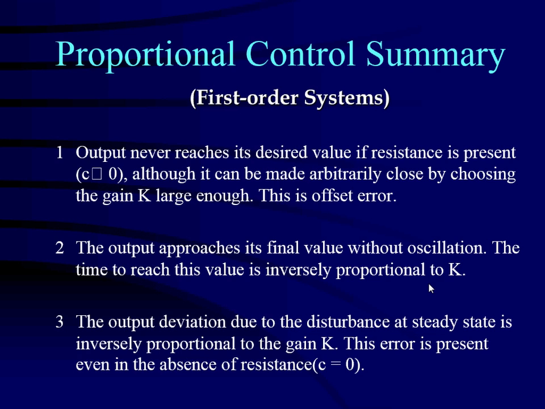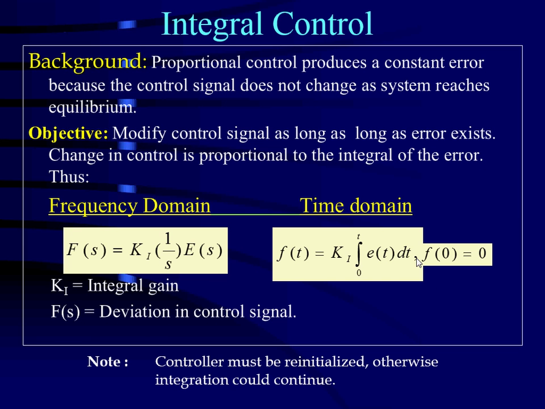The output approaches the final value without oscillation, so it's very good in the final time, as a steady state. But the problem is that there is a steady state error, and so if you keep only proportional control, you are always operating with some error.